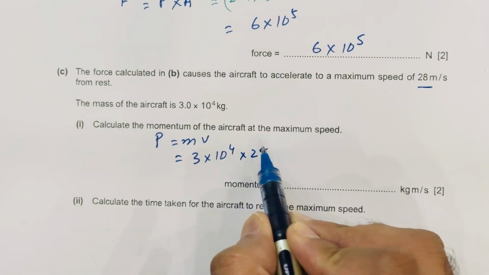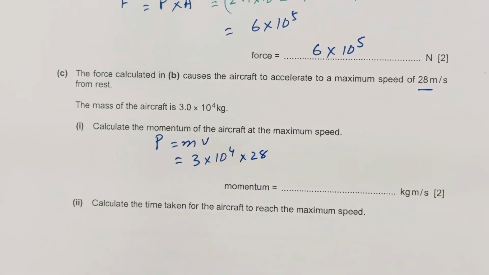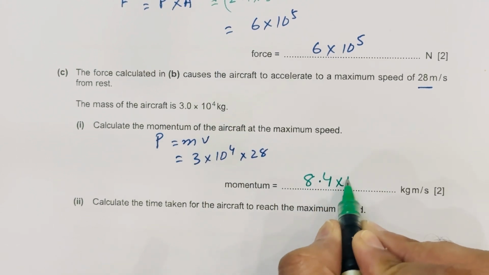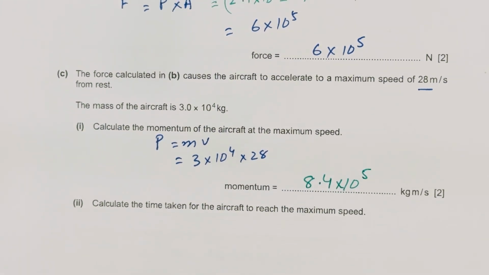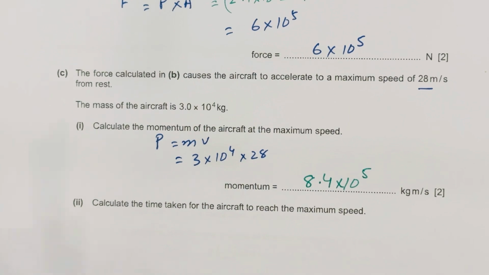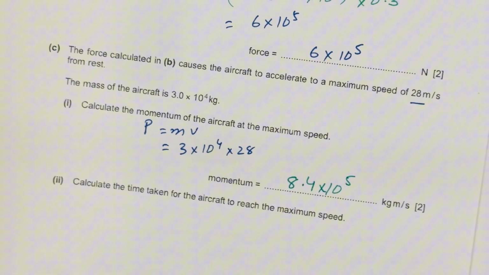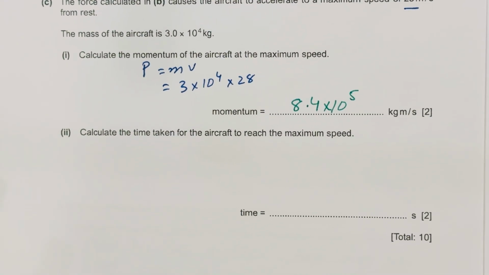So we're going to multiply it by 28. After multiplying it, we would get our answer, that is equal to 8.4 x 10^5 kg meter per second. Moving to the next part, calculate the time taken for the aircraft to reach the maximum speed.